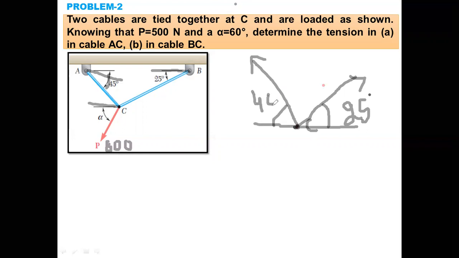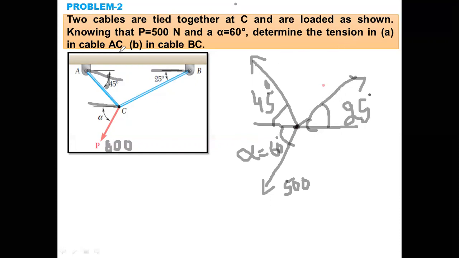So this is 45 degree. At C there is one more force which has a magnitude of 500 Newton, acting at an angle of alpha with respect to horizontal. Here the alpha is already given in the question, which is equal to 60 degree. So this is the free body diagram of the figure.